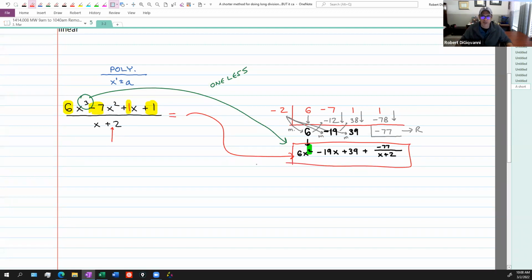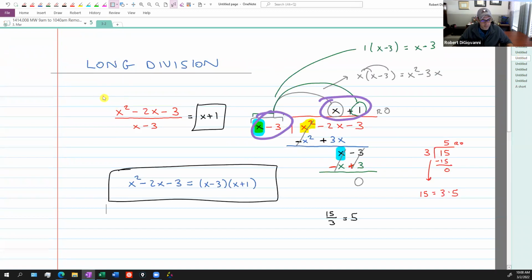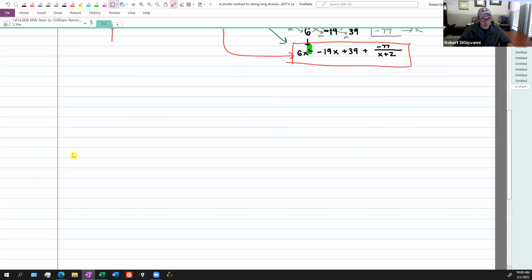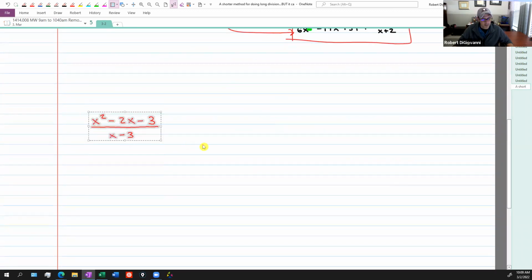Let's do another one. Let's do this one, because remember, I think this was the first problem we did. We got the answer of x plus 1. We should be able to do this with synthetic division. We can do this with synthetic because the bottom is linear. Okay, here we go.